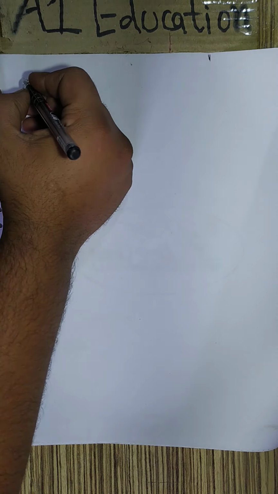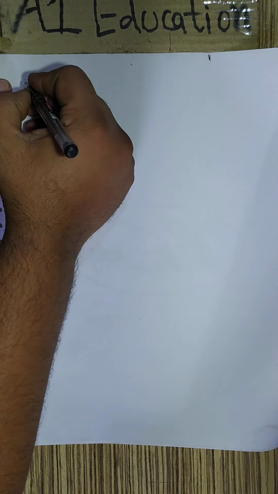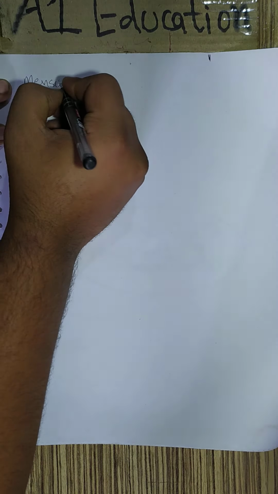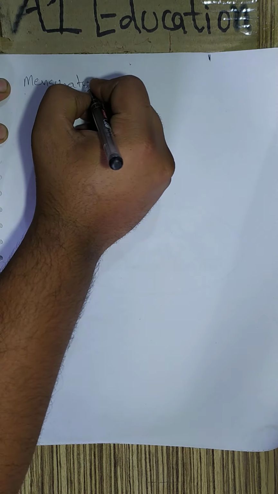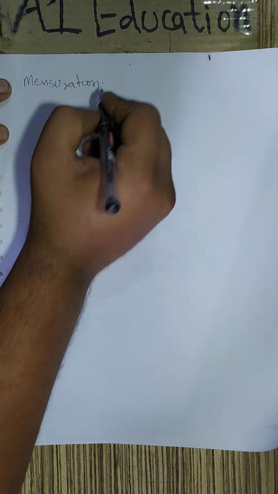Hello, we are going to begin with the part mensuration. The chapter which we will study under the mensuration topic is perimeter and area.